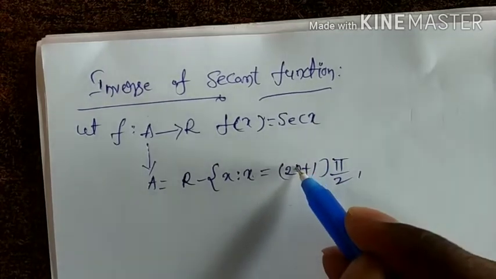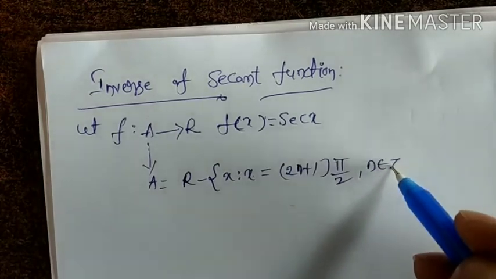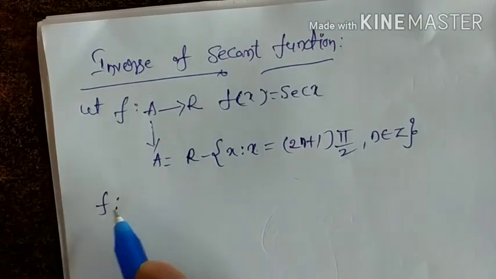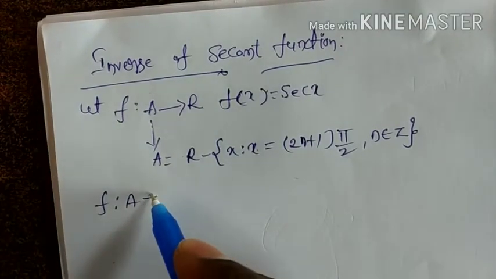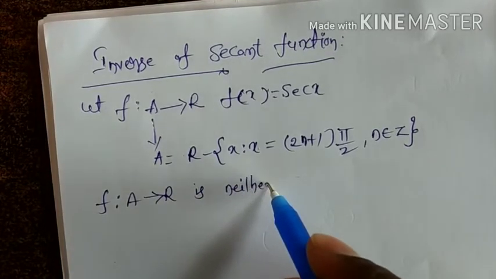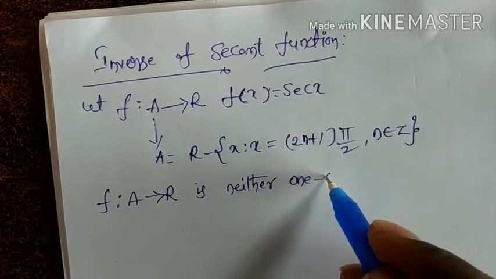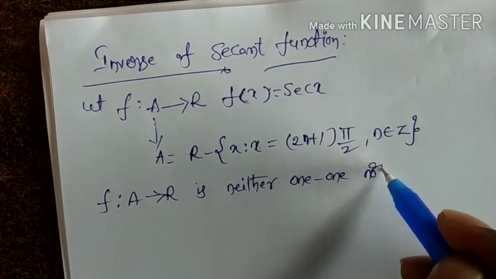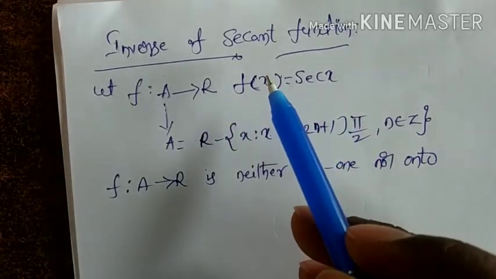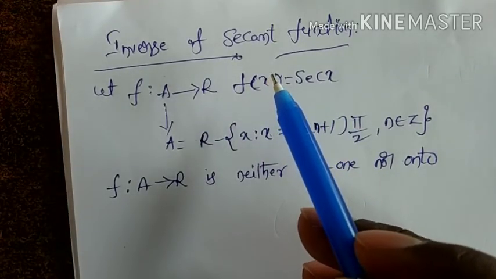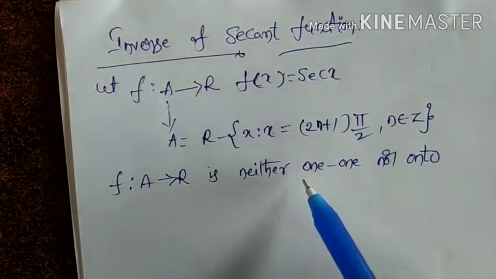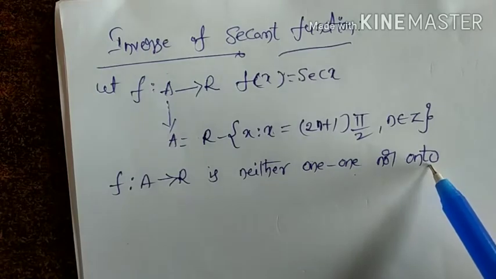Here n belongs to Z. Here the function f from A to R is neither one-one nor onto, because the trigonometric secant function's values are repeated for certain intervals. So that's why this is neither one-one nor onto function.